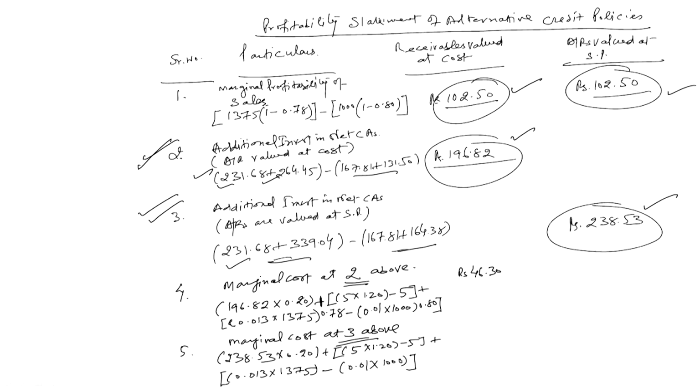So, when we are calculating the marginal cost, we have to factor 3 things here. First thing we are factoring is the cost of investment that we are making in the increased level of total current assets when the receivables are valued at cost, as well as selling price. Second factor is the collection cost, because the cost of the collection department is going to rise by 20%. So, we have to factor for that increased cost.